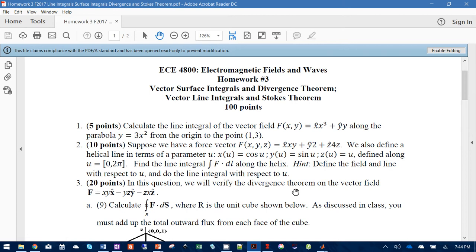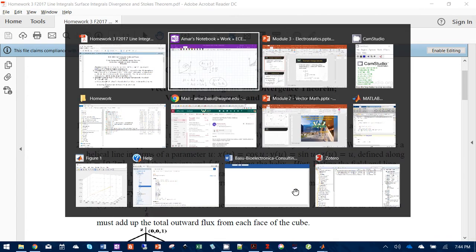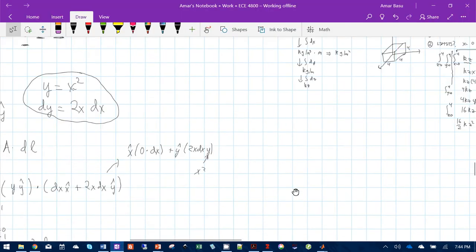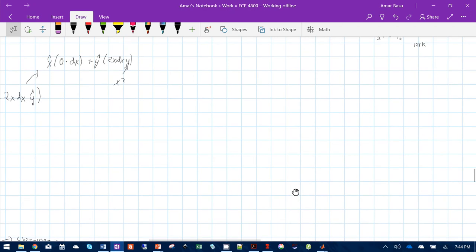Do you guys know what a helix looks like? It looks like a twisty line in three-dimensional space. What's that? Tweezer? I'll show you what a helix looks like. This is something like that.